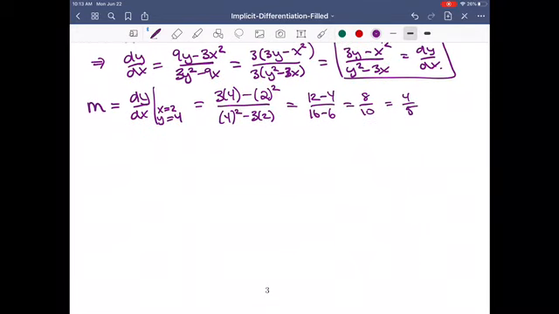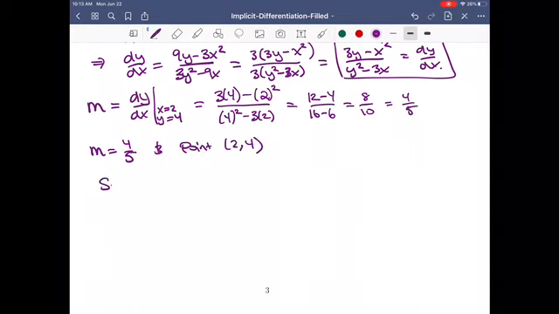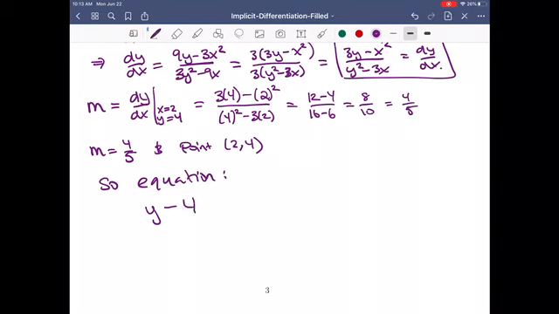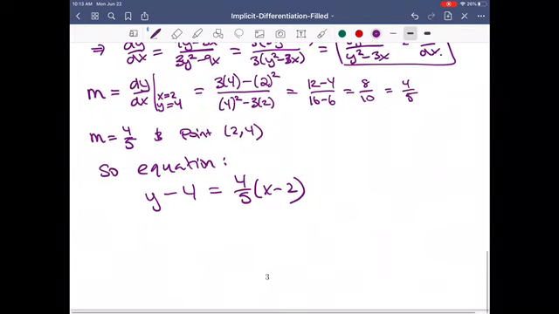So we wanted the equation. We know that the slope is 4 over 5, and we know that it goes through the point 2, 4. So the equation is going to be y minus 4 is 4/5 times x minus 2. That's in point slope form.